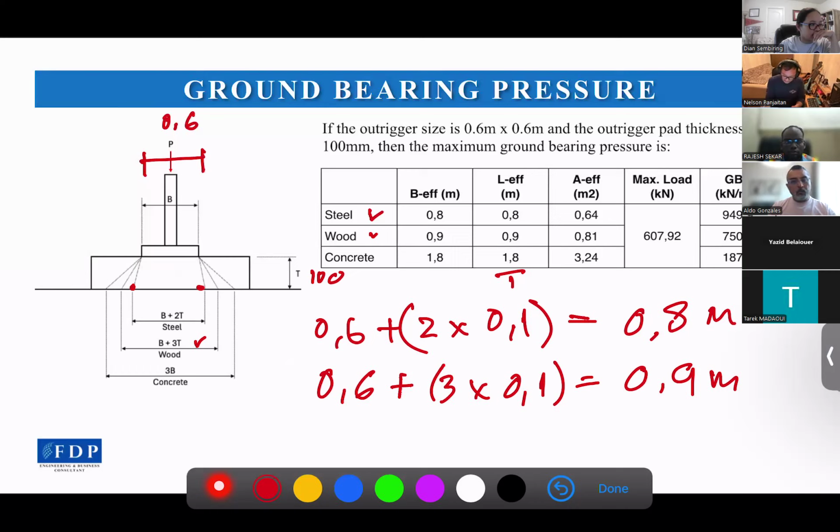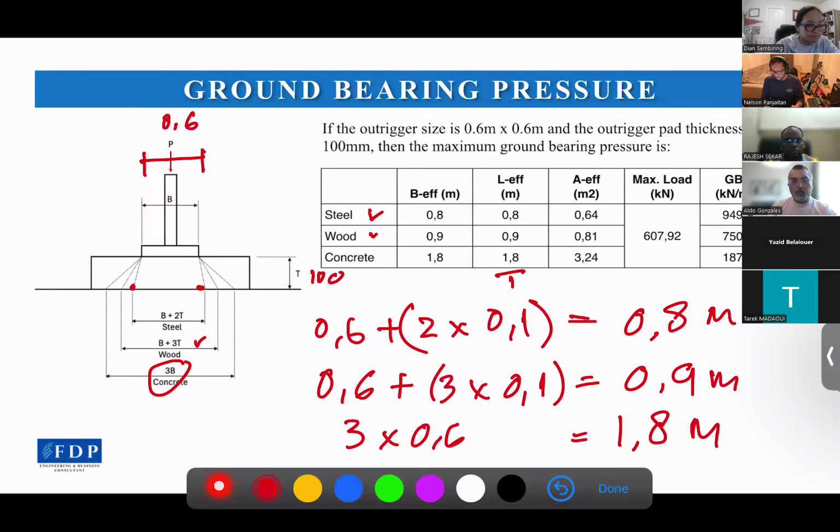Now, if it's concrete, then it will be a different effective area also, because we calculate it by 3 times the original width. So it will be 3 times 0.6, which gives us 1.8 meters effective width, and the same for the effective length. And then we get the effective area by multiplying the effective width and the effective length.